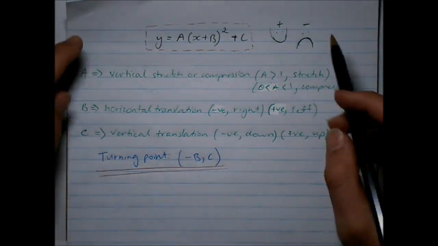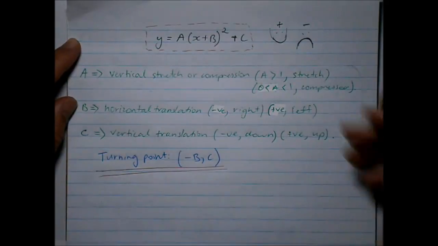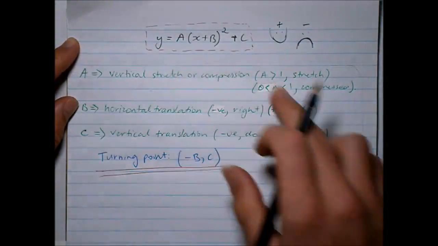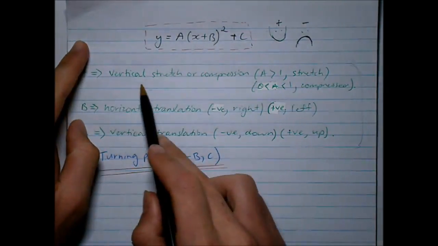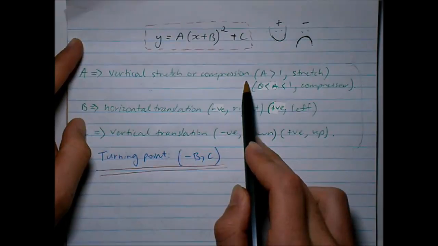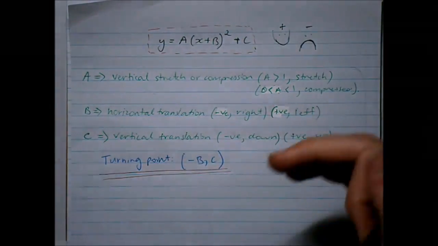So we can see here, it gives us a few bits of information that we can just extract straight out of this form that we wouldn't be able to do in any other form, right? So this a value gives us the vertical stretch or compression in the y direction of our function.